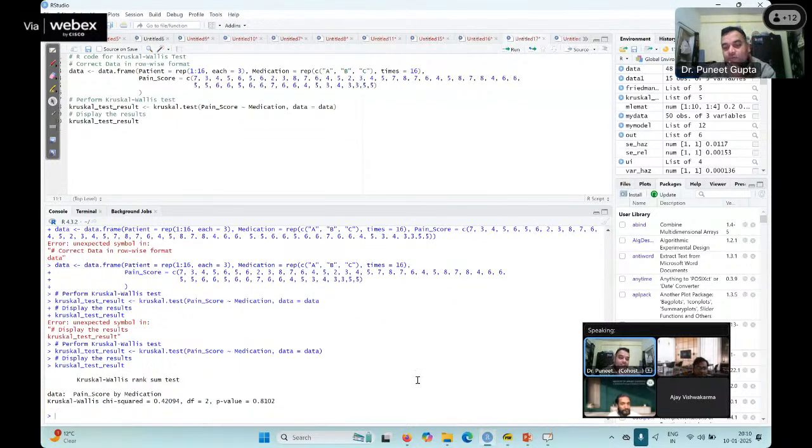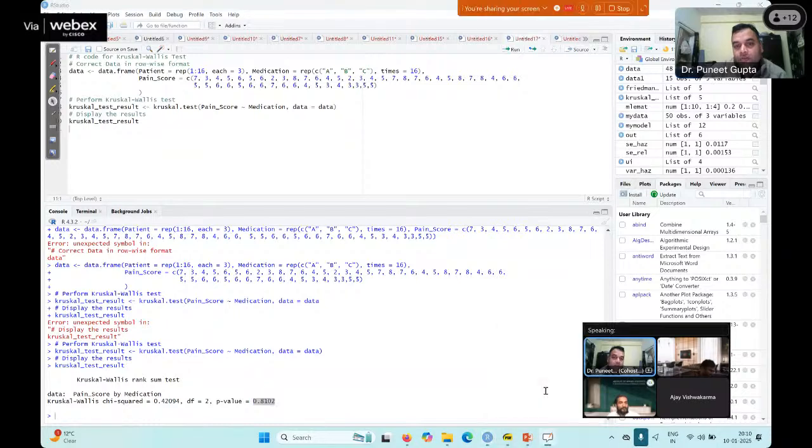Okay, so that is the output. The p-value is 0.812. That means your null hypothesis is accepted, or yes, there is no significant difference. Whatever the data was, cholesterol or medication or pain score.